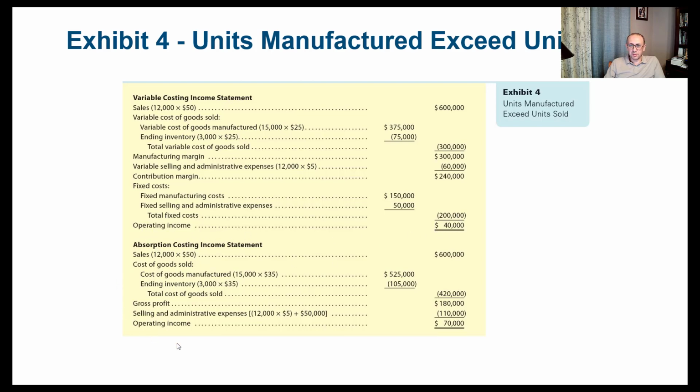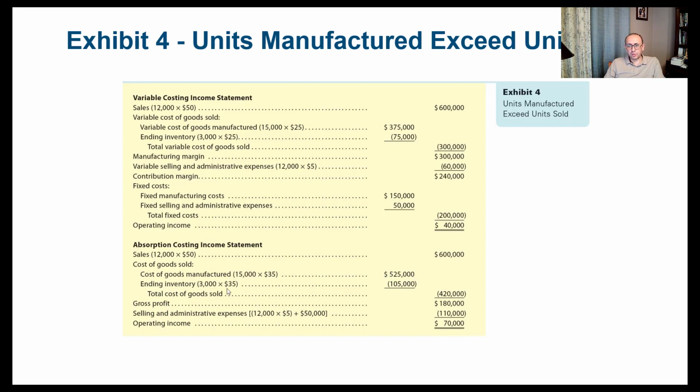So let's see, if we're using absorption costing, how the operating income would look. Again, the sales is 600,000, the same value. Our cost of goods sold is done the same way. We have the cost of goods manufactured, 15,000 multiplied by 35, but here it's 35 instead of 25, so it's 525.